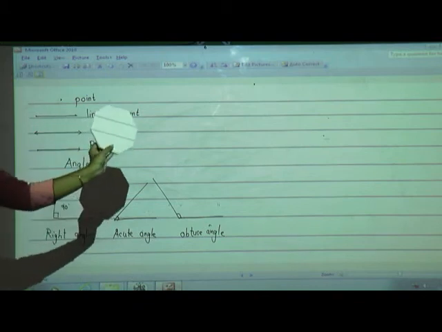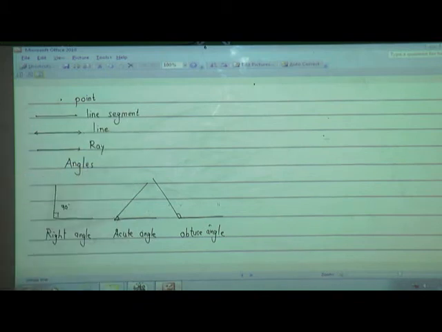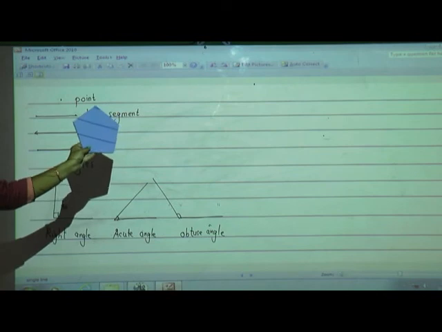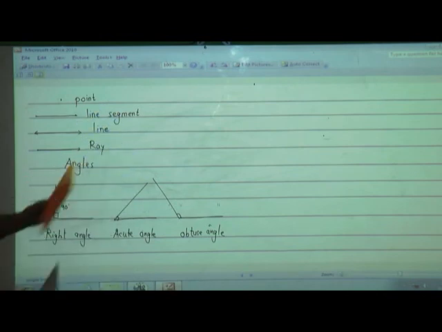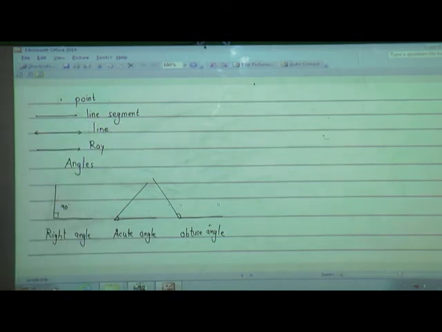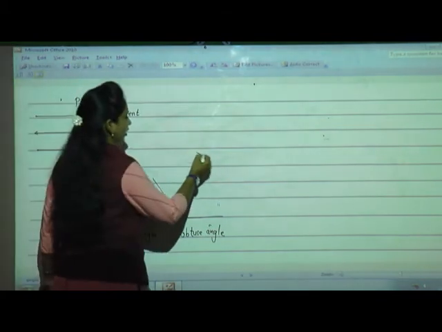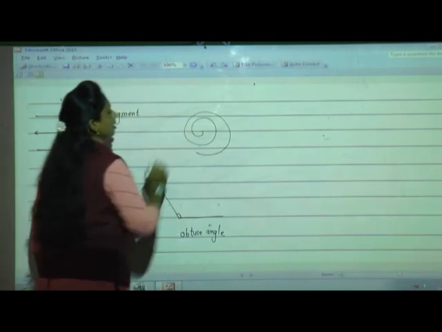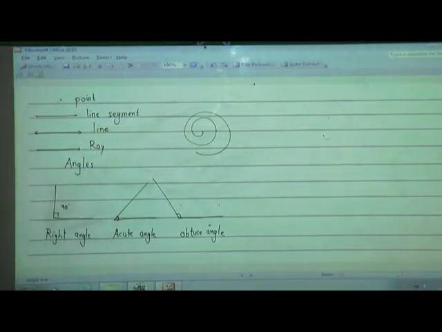Can you see? This is a polygon, and this one also, and this one also. Also we have studied about open figures. Yes, these figures are not closed at all. For example, see, these are not closed.